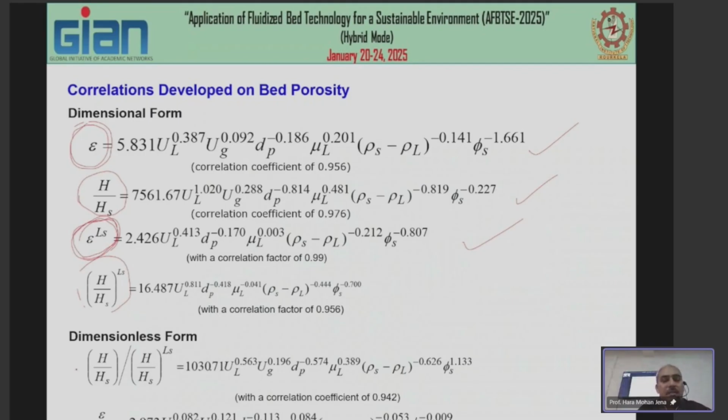So the bed expansion ratio of the gas-liquid-solid fluidized bed to the liquid-solid fluidized bed is expressed by this correlation, whereas the bed voidage for the gas-liquid-solid system to the liquid-solid one is given by this relation. So these correlations can be used for the calculation of the bed porosity if you know the operating conditions.